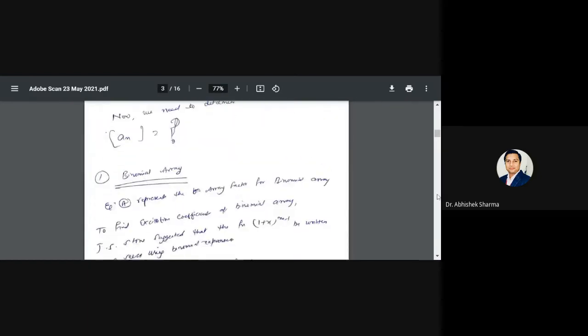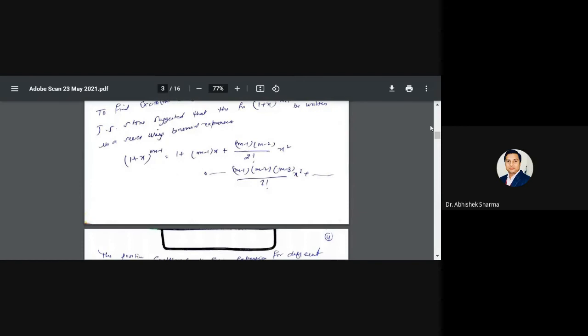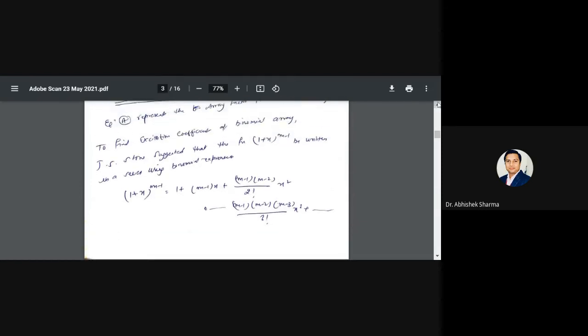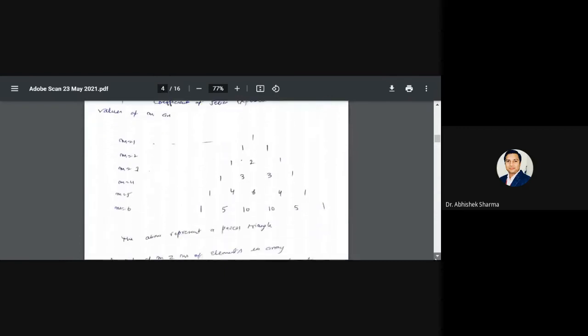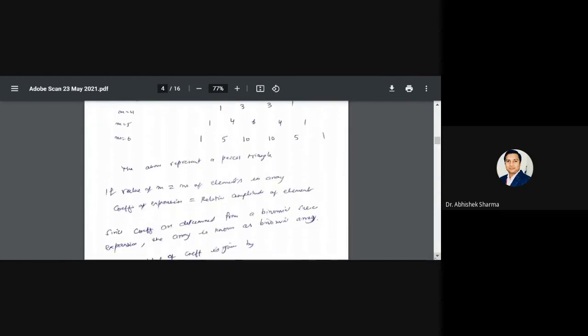Now why is it called binomial array? This is called binomial array because it is using binomial expansion. Since coefficients are determined from a binomial series expansion, this array is known as binomial array.